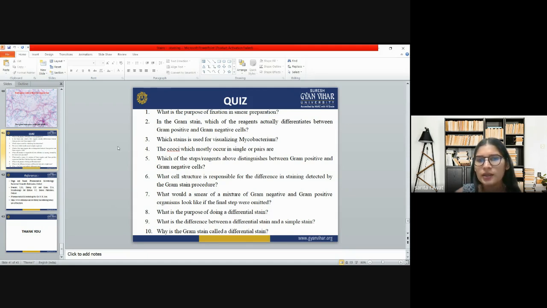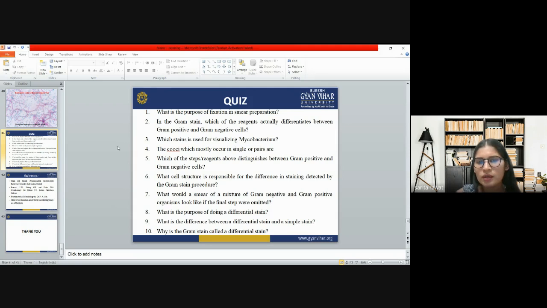Next, in the gram staining, which reagent differentiates between gram positive and gram negative cells? Now, what stain is used for visualizing mycobacterium? We have already studied all these questions. While you go through the previous slides, you can easily find the answers.